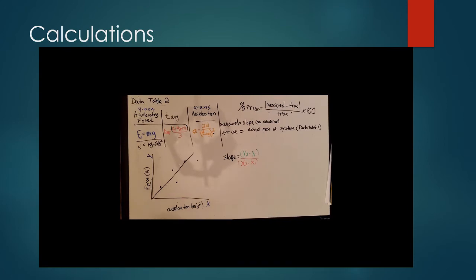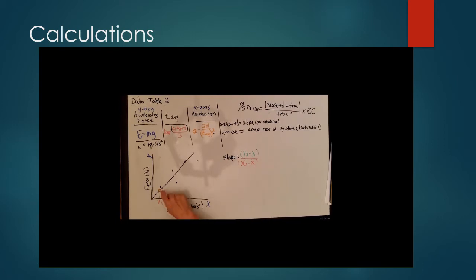So say I pick this point here. This will be my first point, so my x1, my y1. To figure out what x1 and y1 are going to be, I'm going to follow this point all the way down until I hit the x-axis. Whatever value that is reading on the x-axis, that is my x1 that I am going to plug into this equation right here.